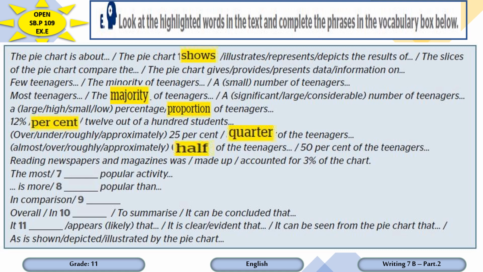Space number 7, the most or least popular activity is more or less. Excellent. In comparison or contrast. Excellent. Overall means in conclusion. Fantastic. And they have the same meaning as to summarize, or it can be concluded that.